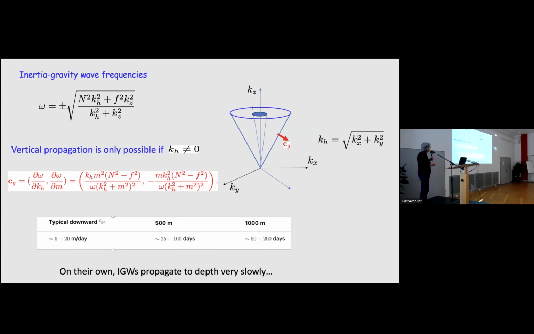But first I'll give you a little background refresher on frequencies of inertial gravity waves. Here N is the buoyancy frequency, which is a measure of stratification, and f is the Coriolis parameter. The constant frequencies lie on these cones, and the group velocity associated with a particular wave number is perpendicular to this cone.